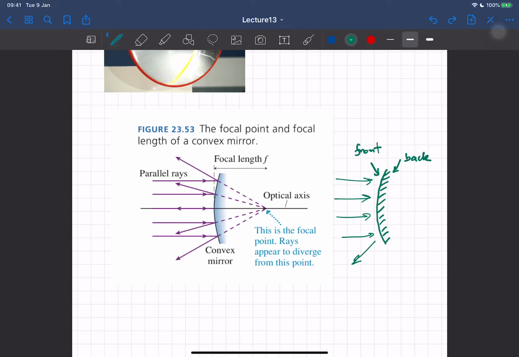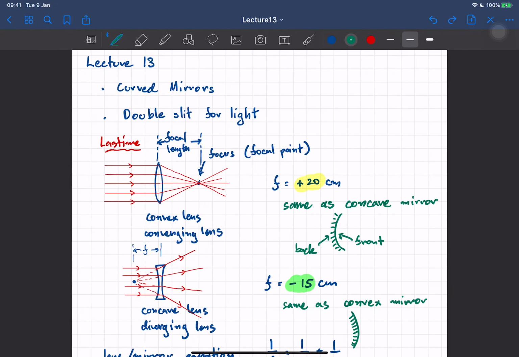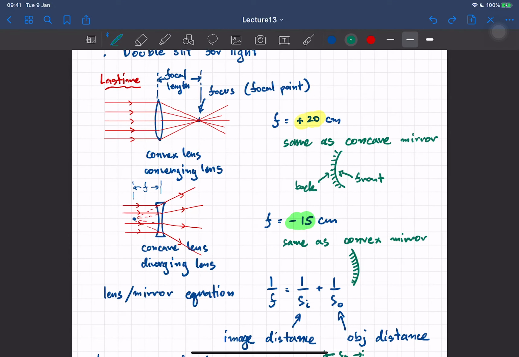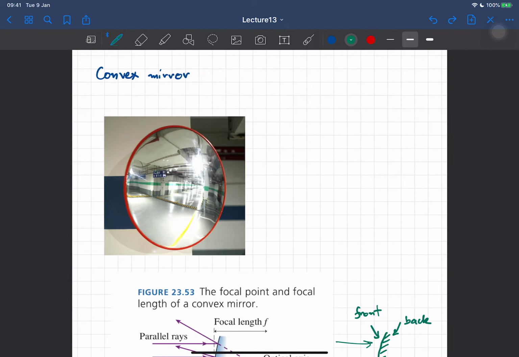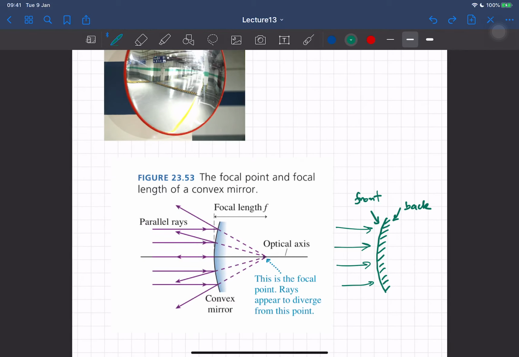Okay, and remember what I talked about on the previous page: a concave lens behaves like a convex mirror. This is a convex mirror. Why is that the case? Remember, a concave lens is the diverging lens. Its role is to diverge light away from the optical axis. And this is doing the same thing, right?